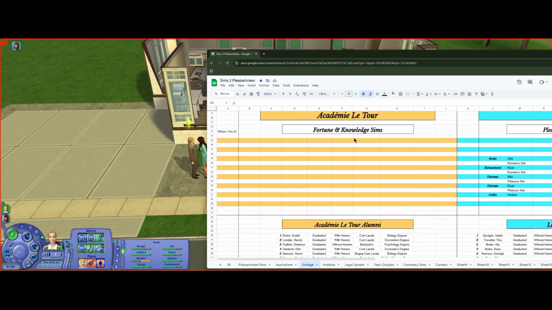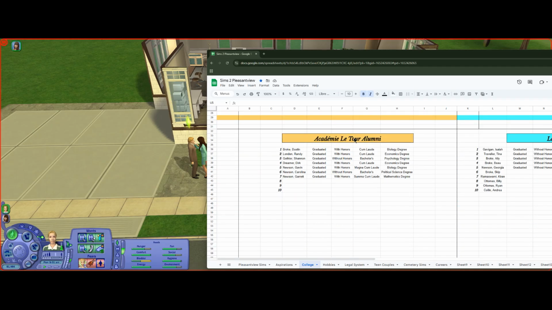So as we scroll down, I added this tidbit, and this is kind of new still, so I'm still working out the quirks on it, but I wanted to add the alumni for each college that my Sims attended so that I could have a detailed account of how many Sims went to which college, who went there, and what they went there for. So we have our Academy Latour alumni.